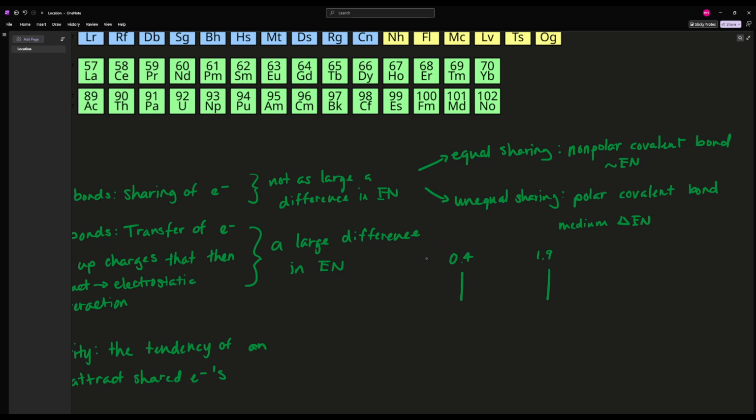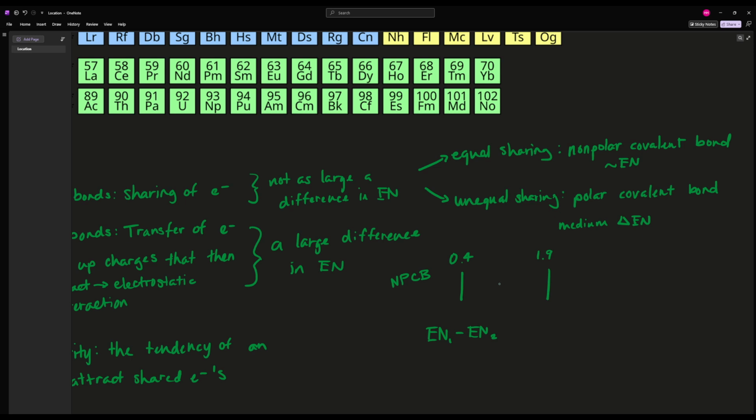Now, anything less than 0.4, that's a pretty small difference in EN, right? So if we calculate the EN of our first atom minus the electronegativity of our second atom, if we get a small difference, that means they're approximately equal. So that sounds like our nonpolar covalent bond.